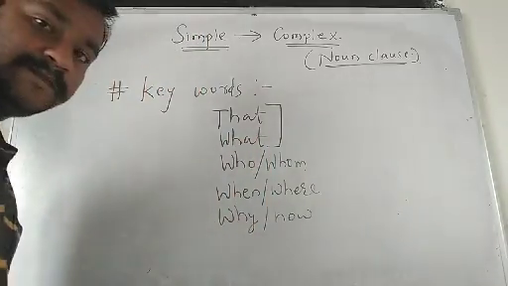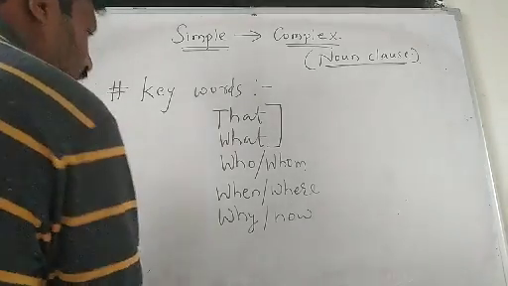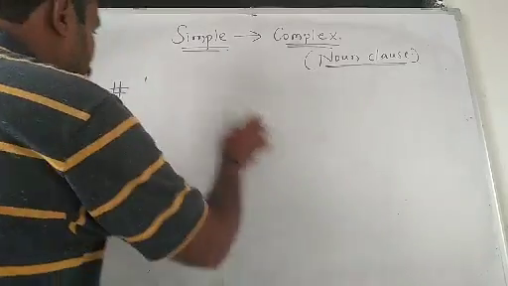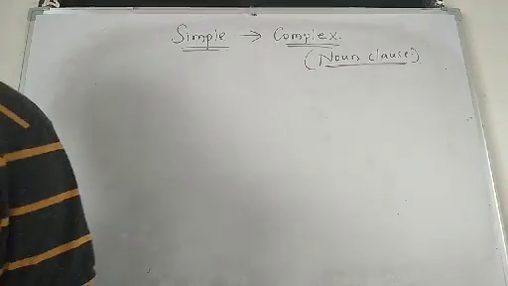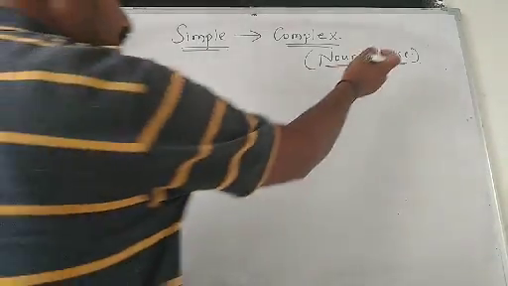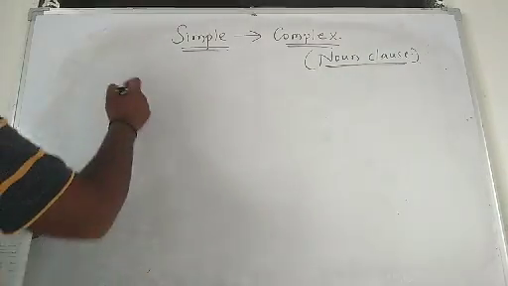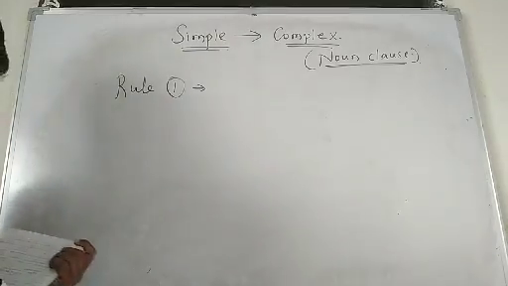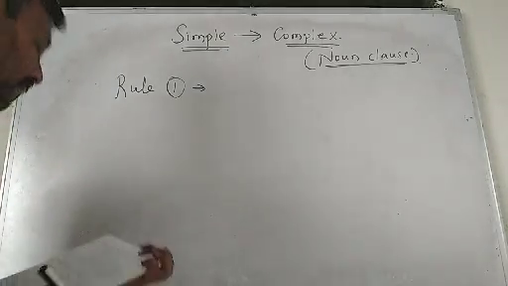There are some rules. Let me start with rule number 1. What we are doing? We are changing simple sentence into complex sentence by using that noun clause. What is the rule first?